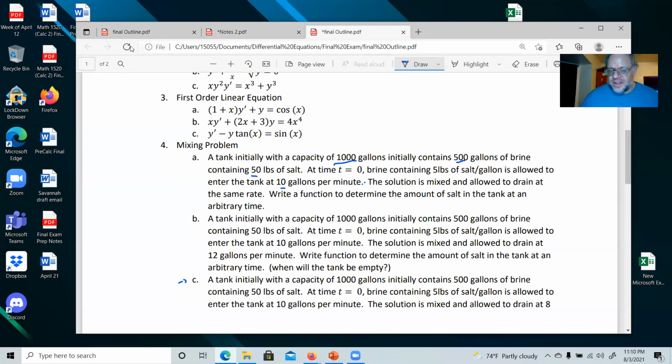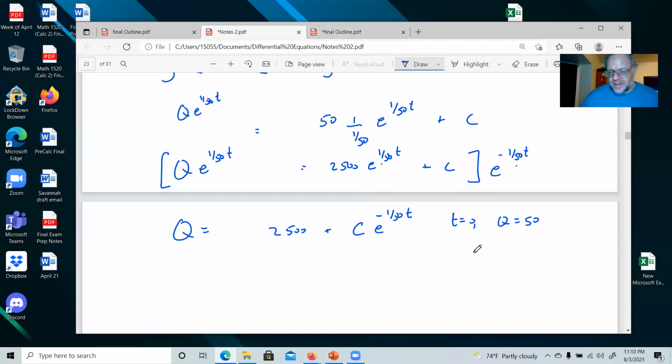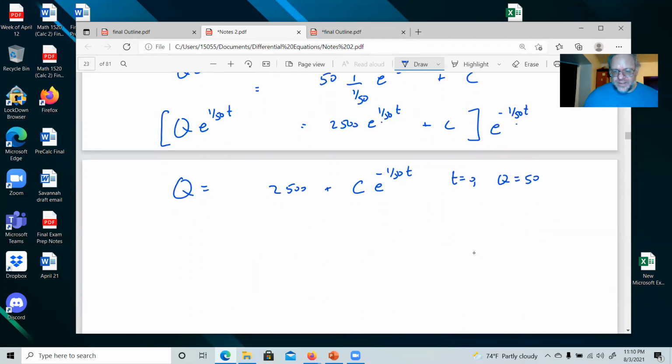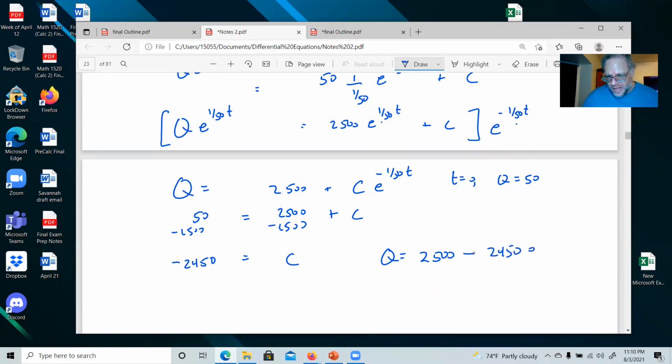So if I set t equal to 0, we get 2,500 plus c, since this whole exponential business is 1, and that is equal to 50 over here. Subtract 2,500 from both sides, and we get negative 2,450 is equal to c, and Q is equal to 2,500 minus 2,450 e to the negative 1/50 t.